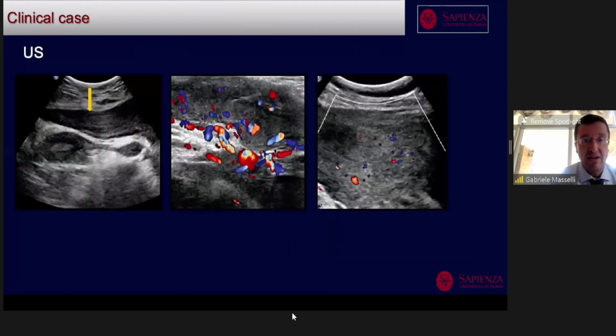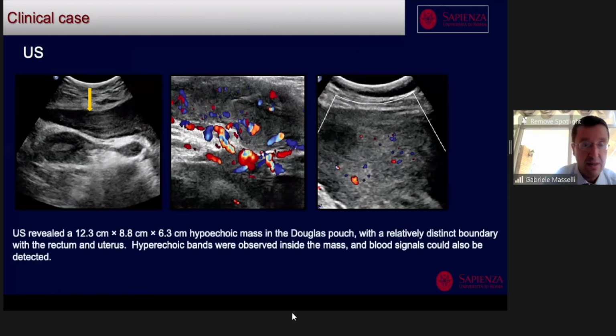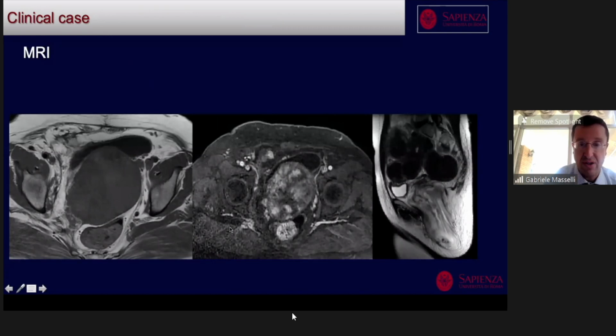In this other case, we see an ultrasound that shows the presence of a large periuterine lesion with vascularization on color and power Doppler. And the MRI was performed for a better characterization of the lesion.